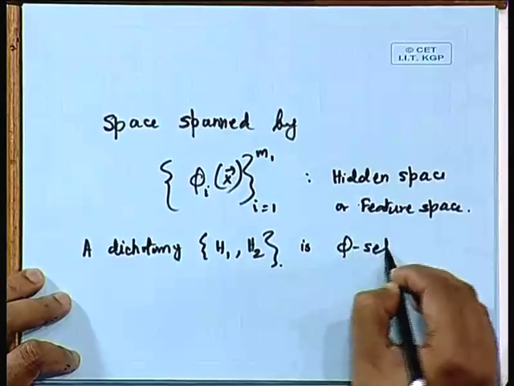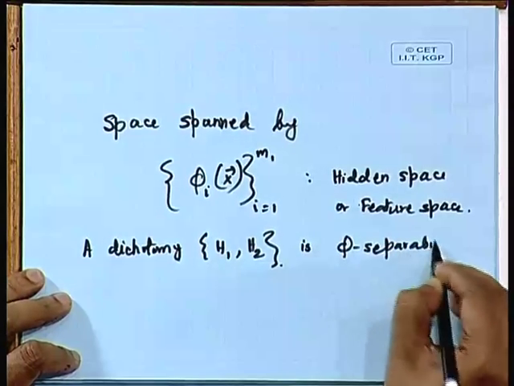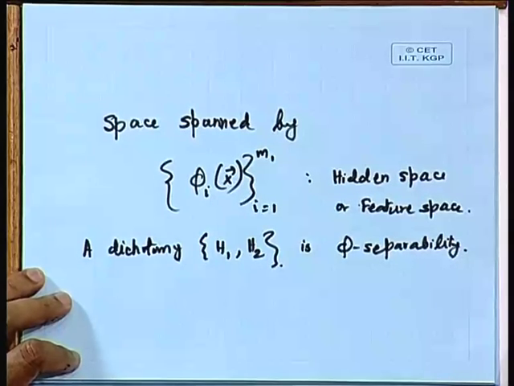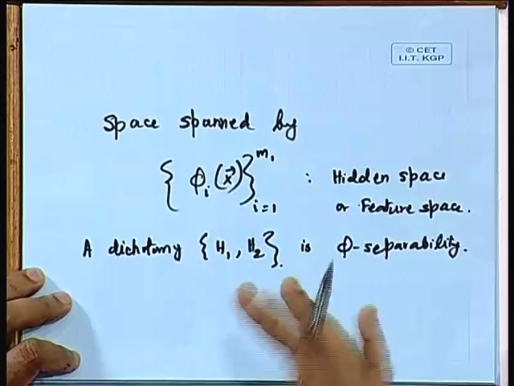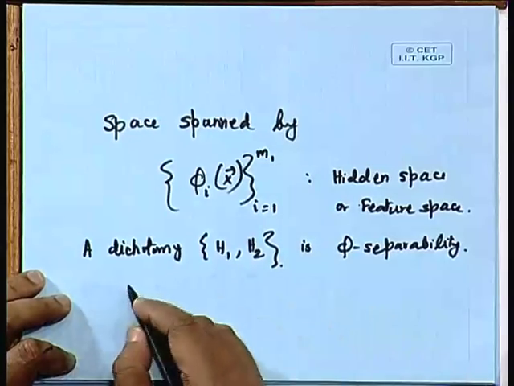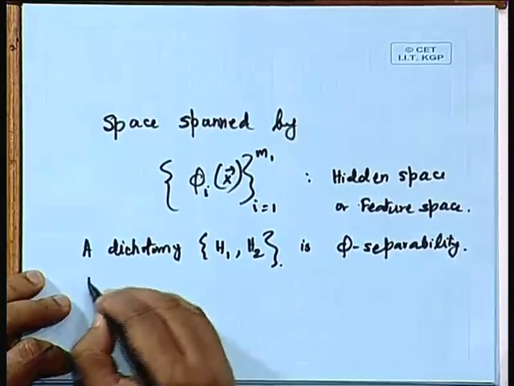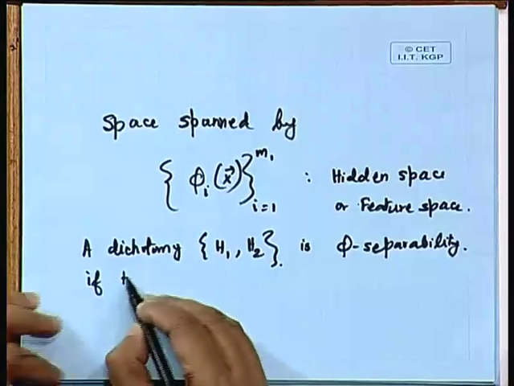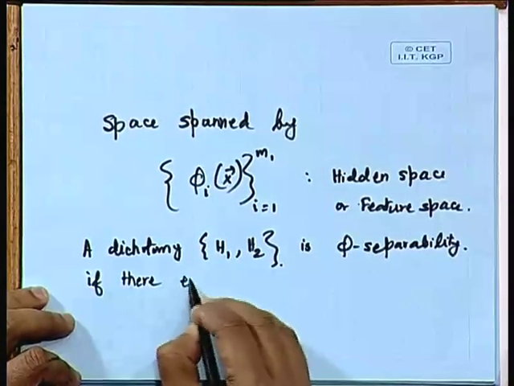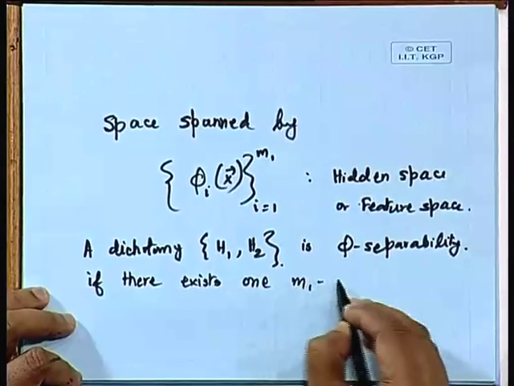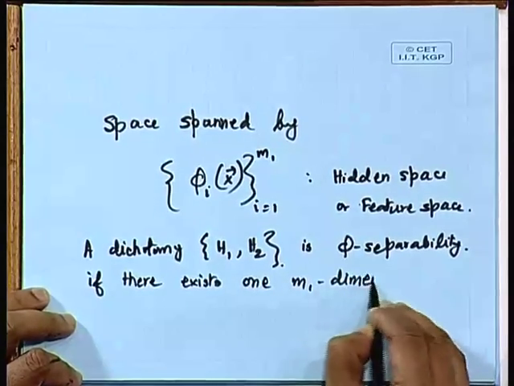The definition of phi separability is just putting mathematical words into what I had already talked of at the beginning of our discussions on Cover's theorem: this dichotomy is phi separable if there exists an M1 dimensional vector.